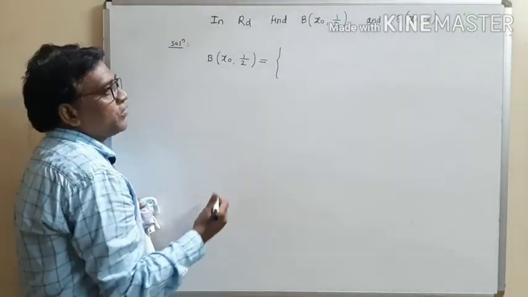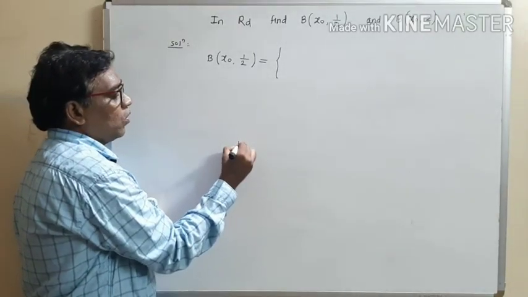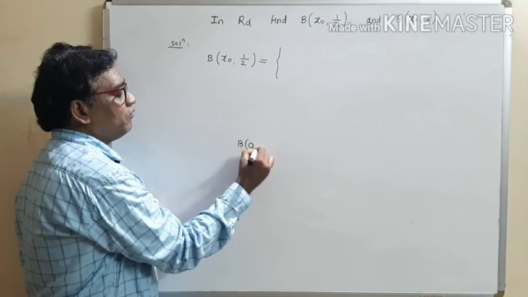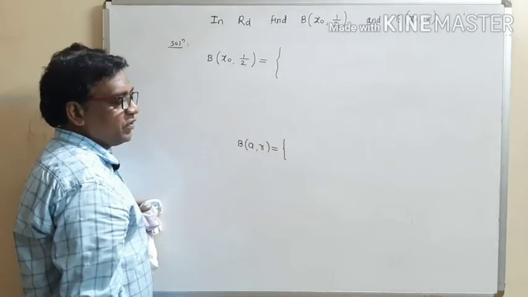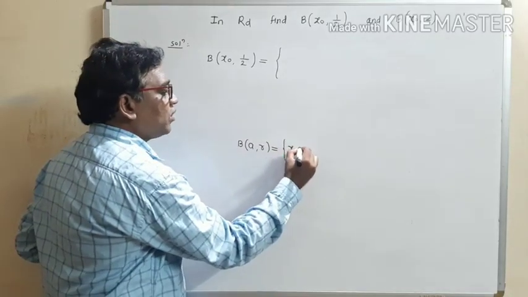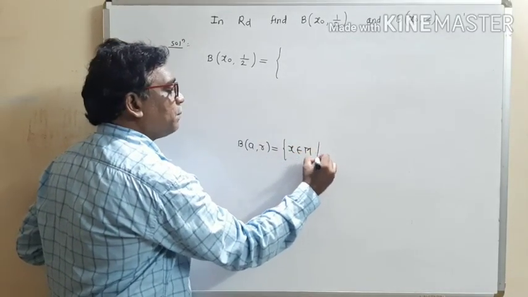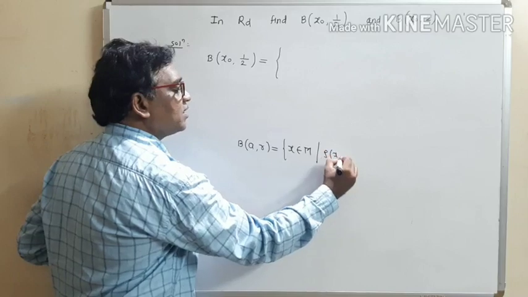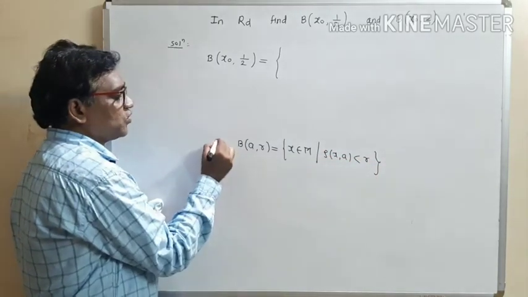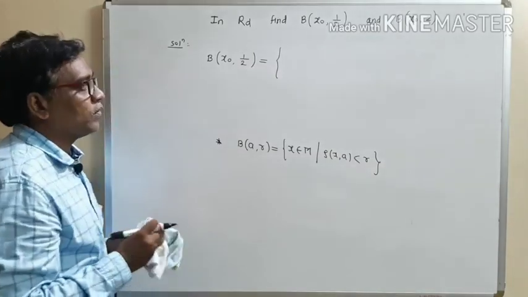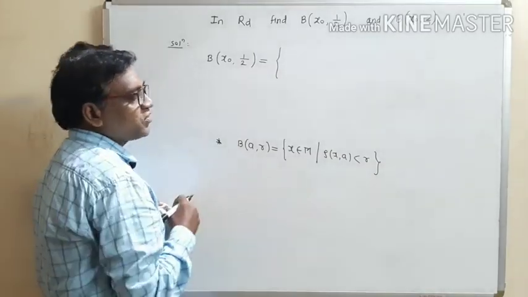Now see what is the definition of open sphere. Open sphere B with center at A and radius R is given by the definition: the set of all x belonging to M having the condition distance of x, a less than R. This is the definition of open sphere or open ball. So use this definition.